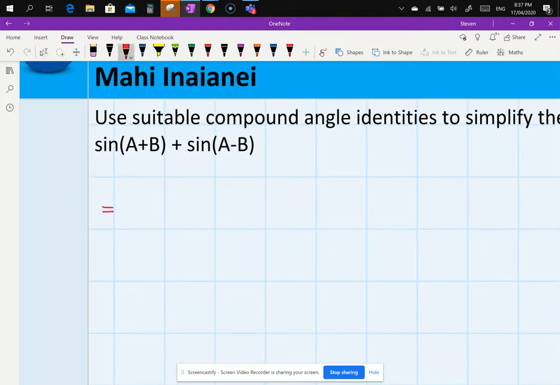So for the first part, which is the sine of a plus b, we will have sine of a cos of b plus the cos of a sine of b. Right, so that's for the compound angle of the sum of a and b.